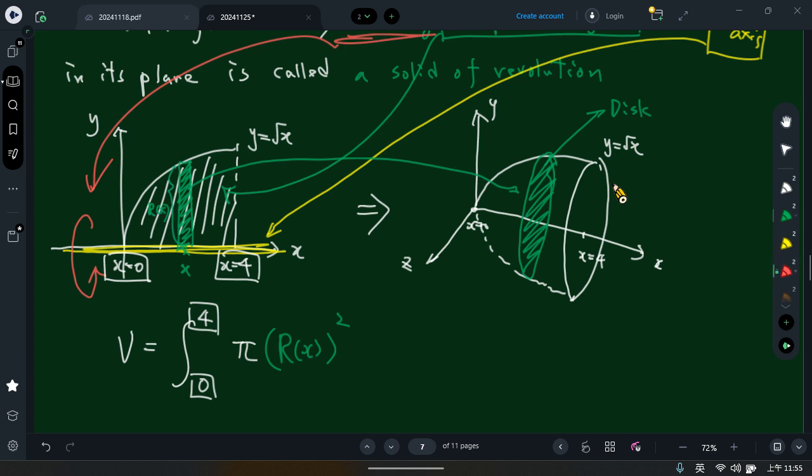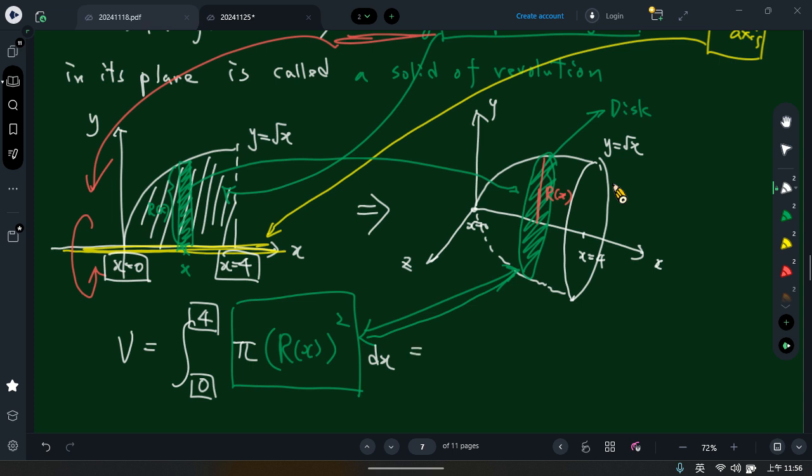You use the height r of x as the radius, and then rotate it, you can get the disk. So pi times r of x squared, times dx. Then you can get the total volume.